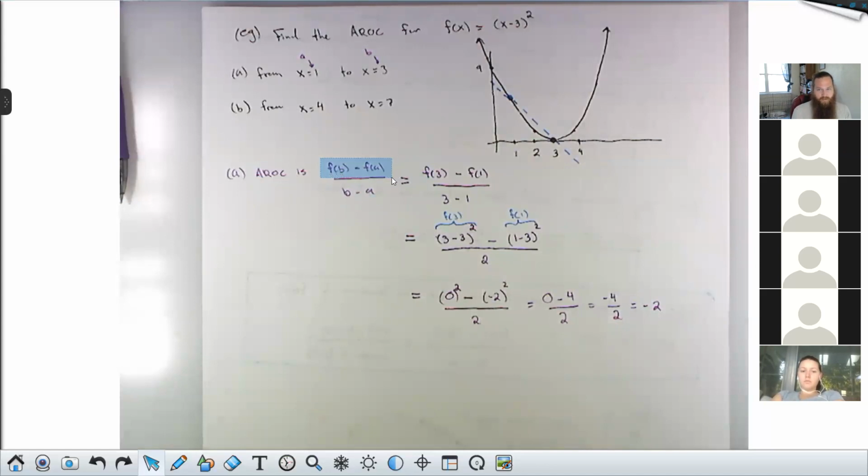And remember that numerator is net change. And we talked about when this is positive, when it's negative. If f of b is bigger than f of a, if you've overall gone up over that interval, then this will be positive. And if f of b is smaller than f of a, that would mean overall you've gone down on that interval. That means this will be negative. Any questions on the calculation here?